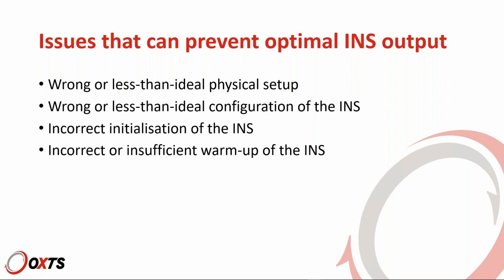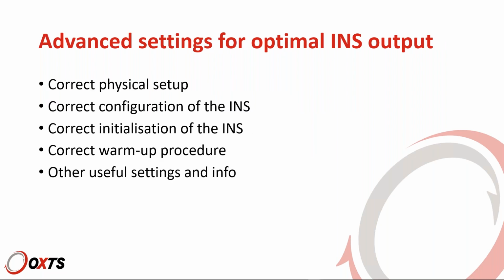So the things that can prevent you from getting that optimal output is one of these: either not having an ideal setup of the system, a less than ideal configuration, a wrong initialization, or an incorrect warm-up of the INS. So we will go through all of this, the way to get them right, have them correct, and also at the very end, I'm going to add some information that you will hopefully find useful.